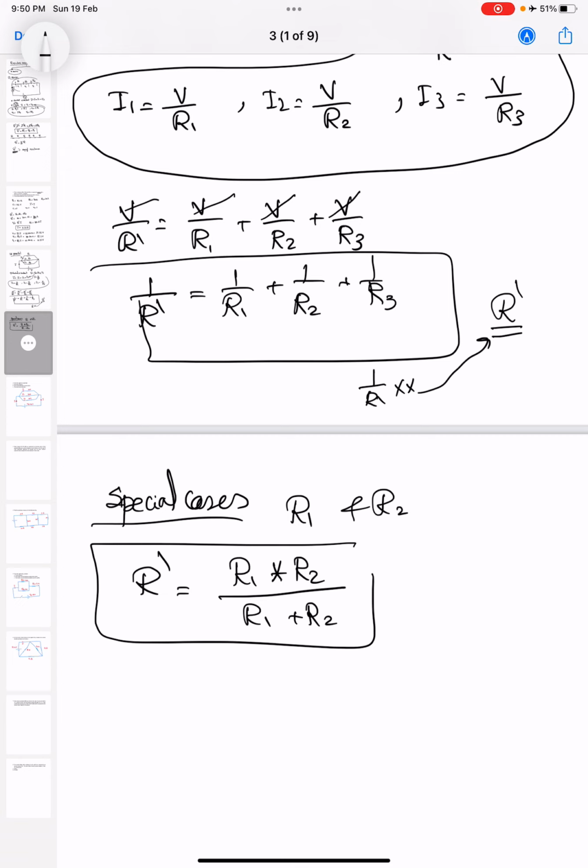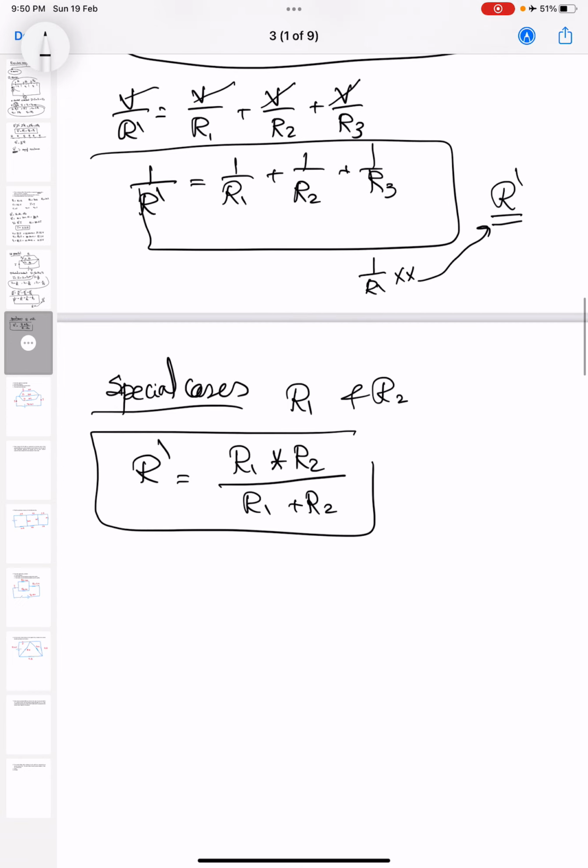Okay? If we have n resistances with the same value, then R dash equals R divided by n. From here we see the total resistance must be less than the smallest resistance. R dash is less than the smallest resistance.